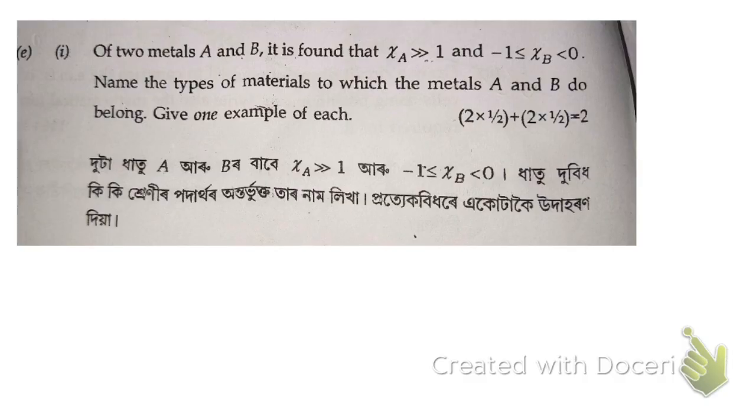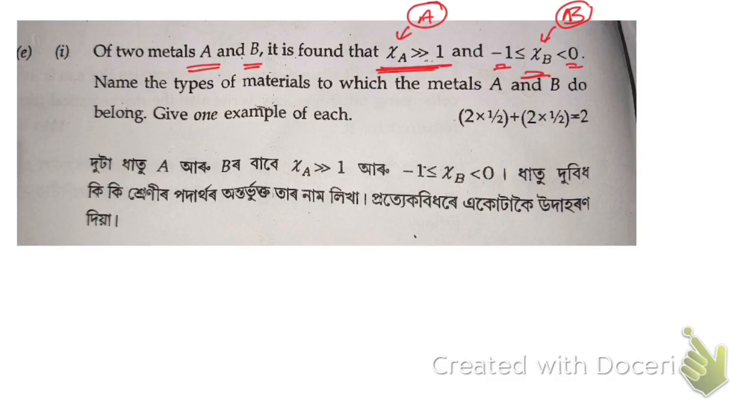For two materials A and B, it is found that the susceptibility is very much greater than 1 for material A, and for material B it lies between -1 and 0. Name the type of the materials.